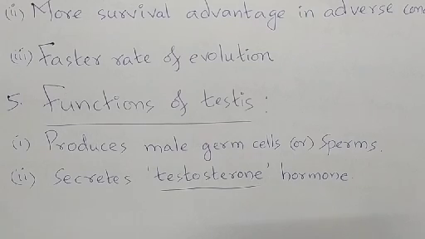Testosterone is the hormone which is responsible for the production of sperms in sufficient quantity, and for the development of secondary sexual characteristics and for reproductive maturity in males or boys.